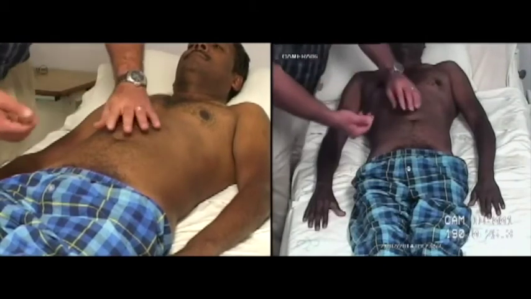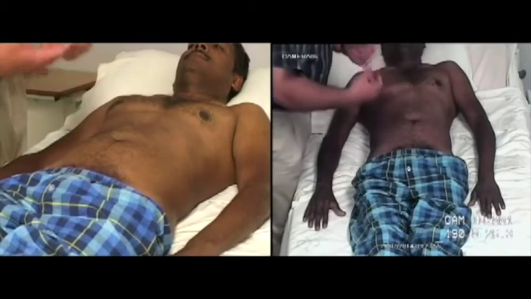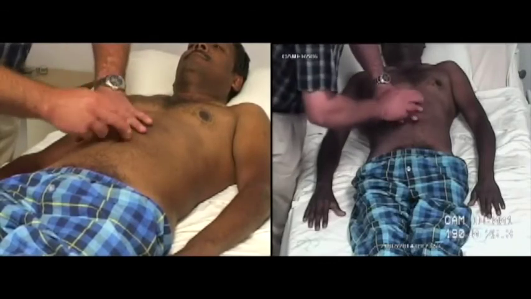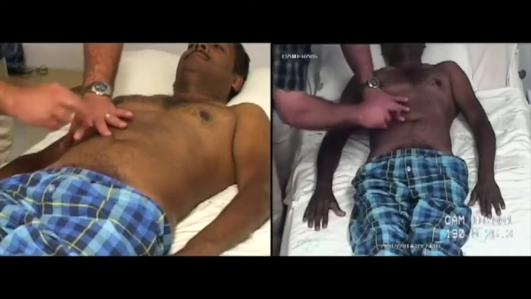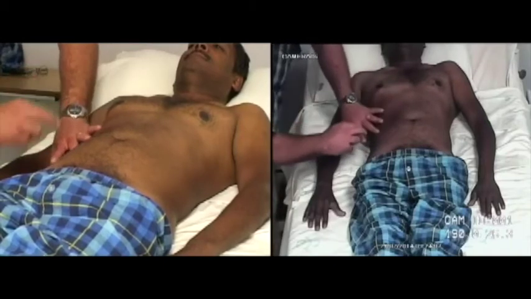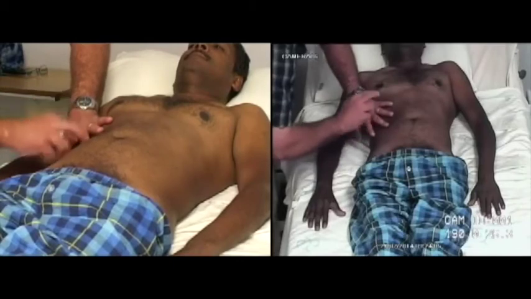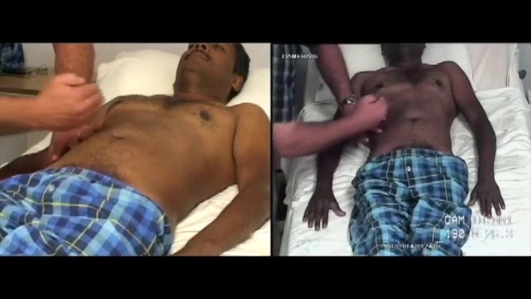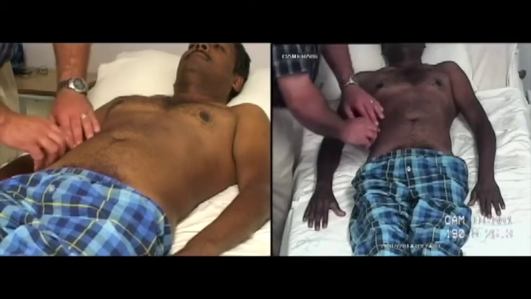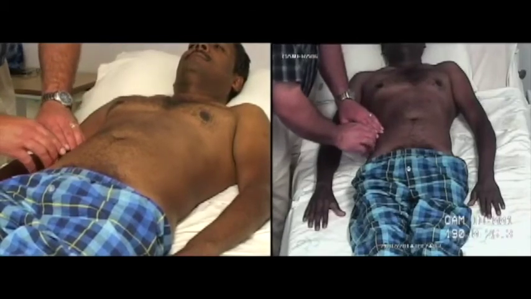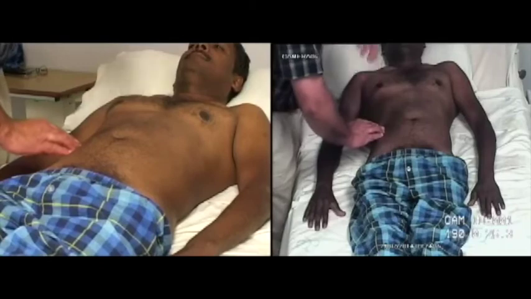Because fluid will percuss dull, we would go over the umbilical area and percuss until we hear an area where it is turning from resonant to dull. You then can either make a mark there, or you can hold your hand in that area and ask the patient to turn on the opposite side.